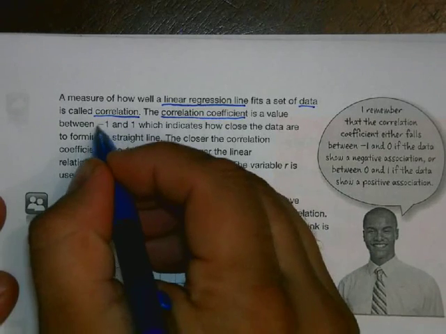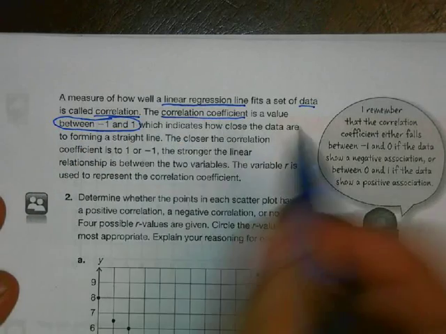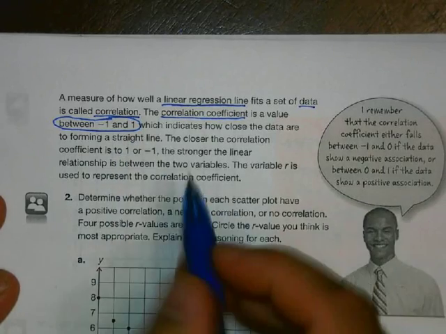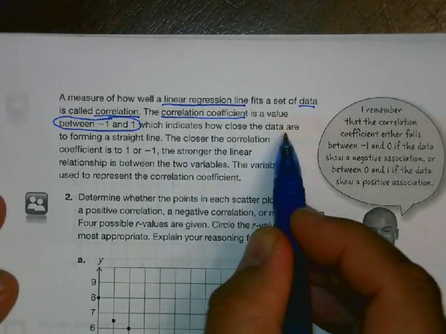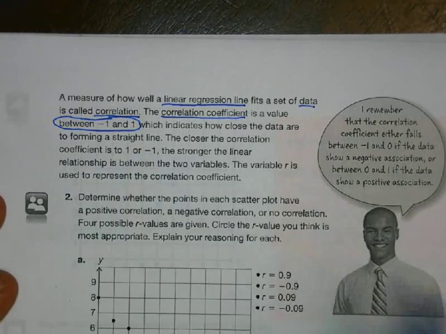The variable r, so we're looking at the variable r right there. Let me underline it too, because we want to come back to that. It is used to represent the correlation coefficient. So r is our correlation coefficient.